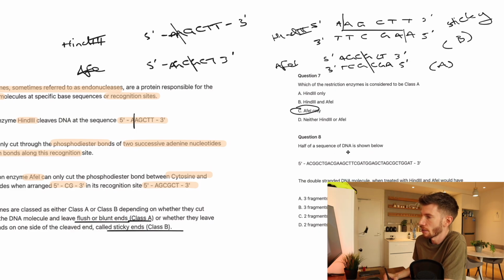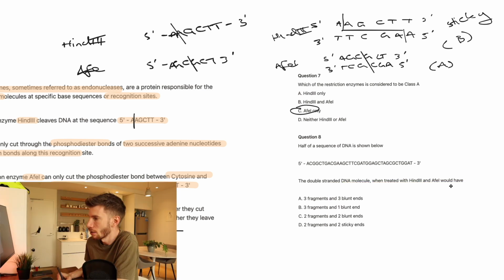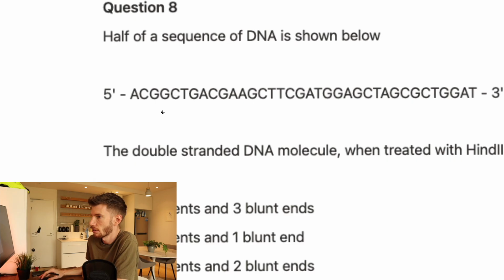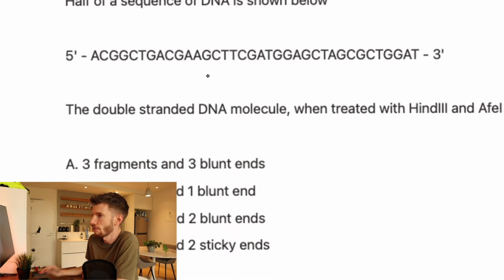And then we have half of a sequence of DNA shown below. The double-stranded DNA molecule when treated with HIND3 and AFE1 would have what. So this one's a real pain, right? Basically, we would have to actually write out the entire sequence because you've got to do the 5 to 3.